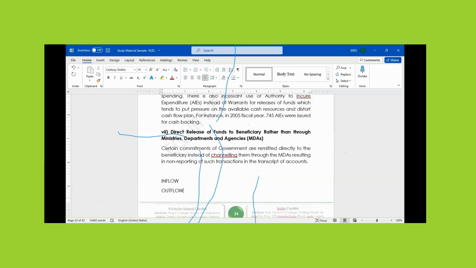Everything we paid in bank or cash goes inside outflow. Everything we receive in cash or bank goes inside inflow. Non-cash items, we don't need anything we have not paid for or revenue we have not received. We don't need it in cash budget. What we need in cash budget is how much do we actually receive? How much do we actually pay?